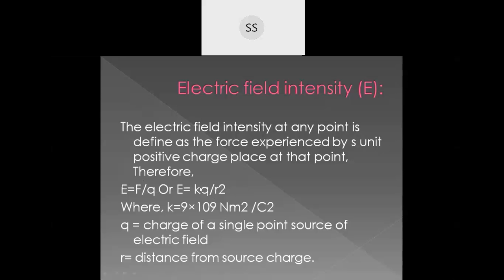Please put this Q as capital Q. This is the value of the source charge. This small q is the value of the test charge, but this capital Q is the value of the source charge. So we know the value of K equal to 9 into 10 to the power 9.